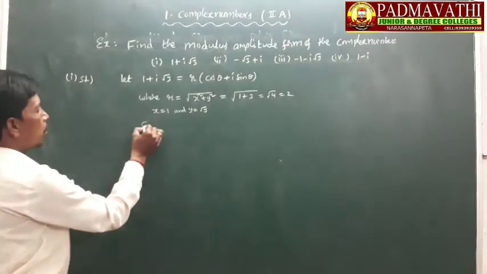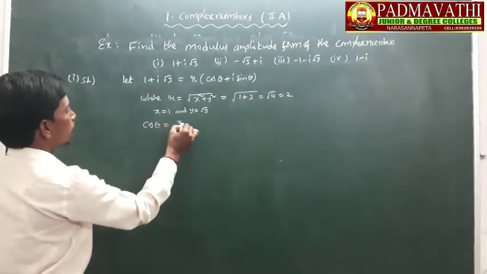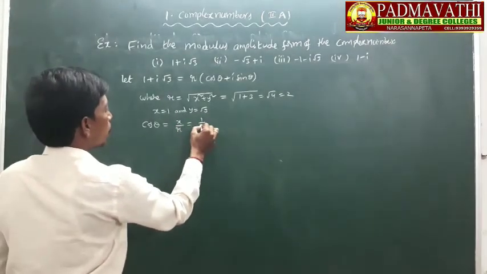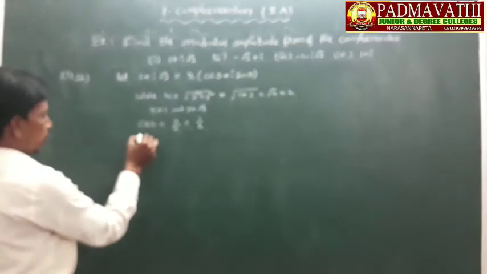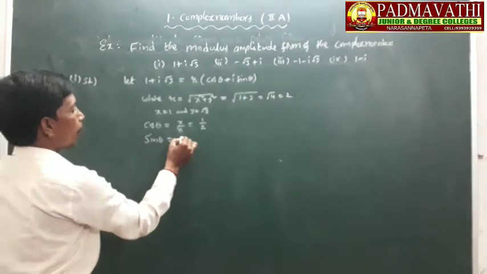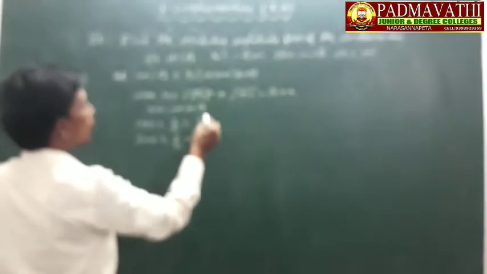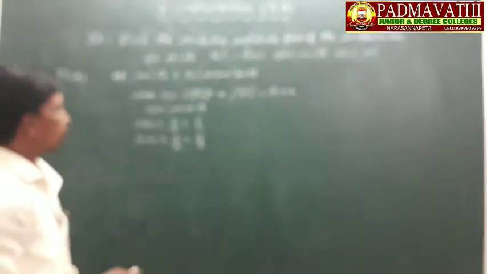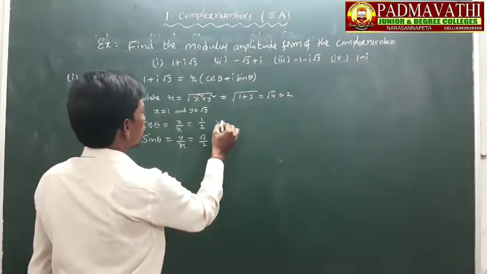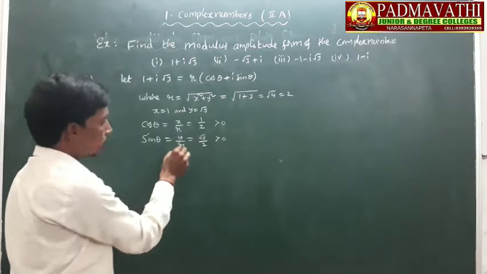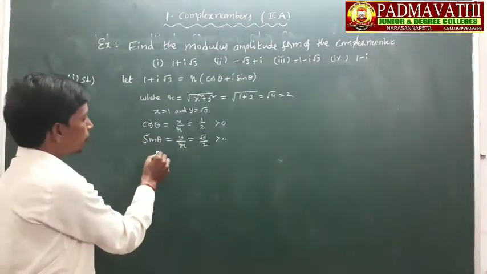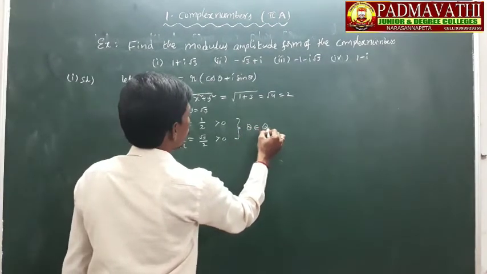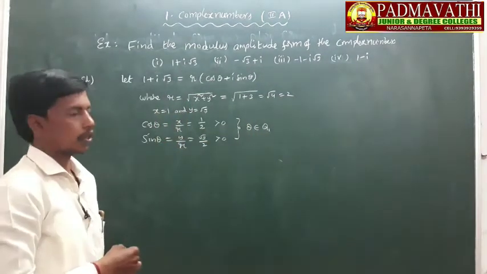Now cos theta equal to x by r, that is 1 by 2. Sin theta equal to y by r, that equal to root 3 by 2. So cos theta positive, sin theta positive. Now theta belongs to Q1, the first quadrant.